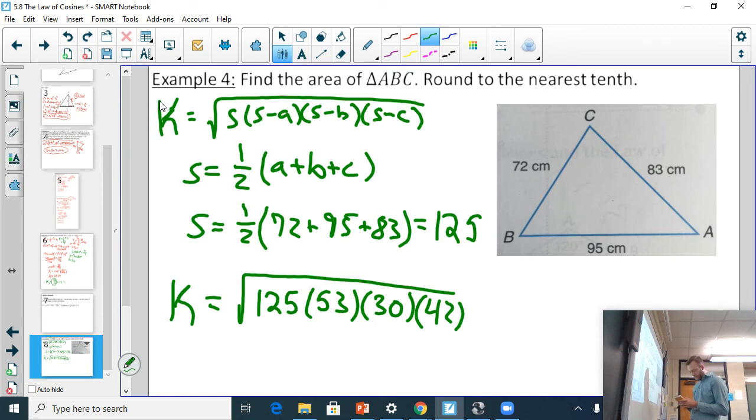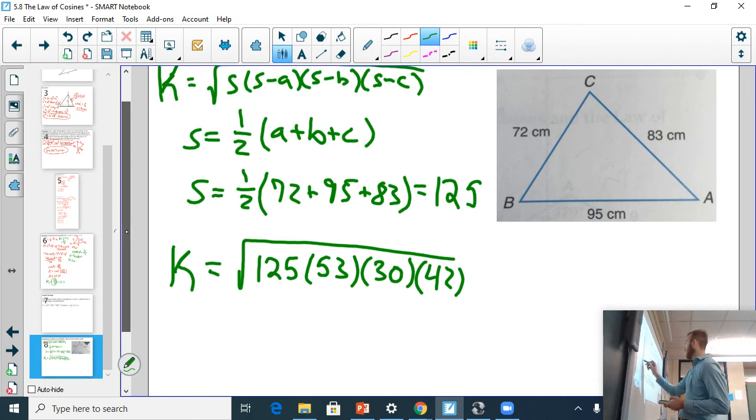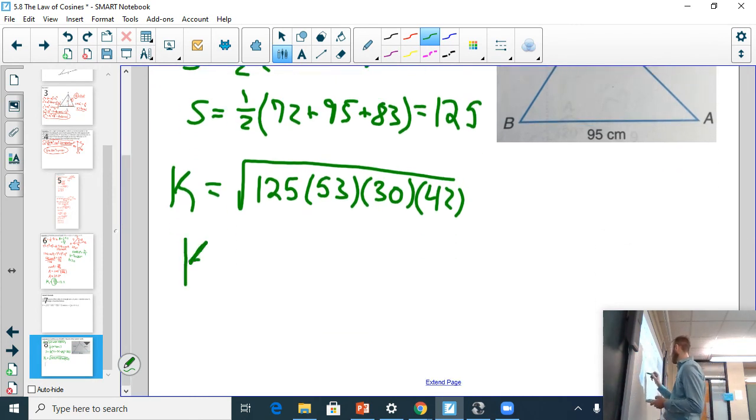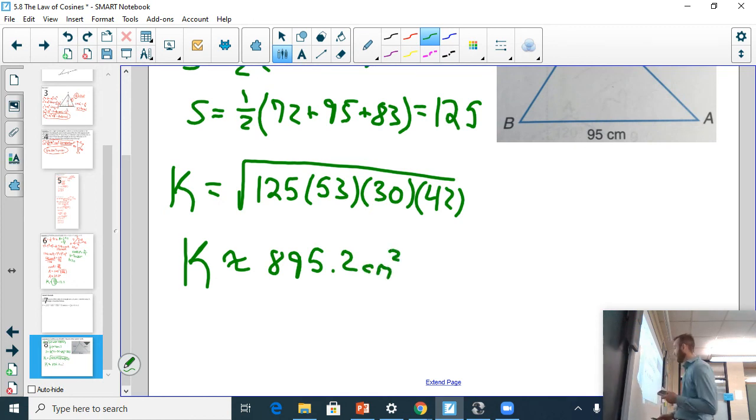And I'm going to take the square root of that answer. And we're going to get that the area, and we're rounding to the nearest tenth, is 895.2. And then we're in centimeters, so square centimeters. Right. And that is all for this one.